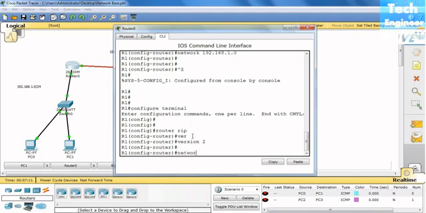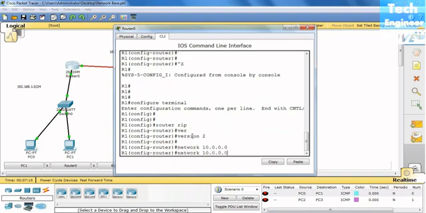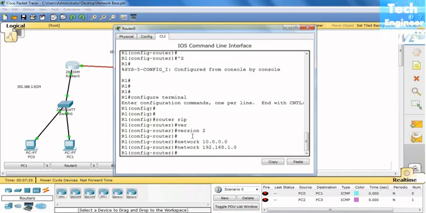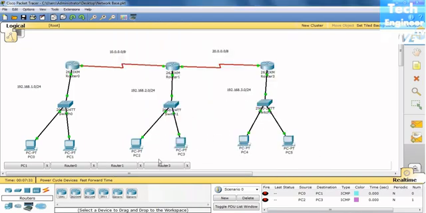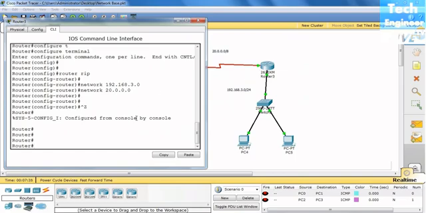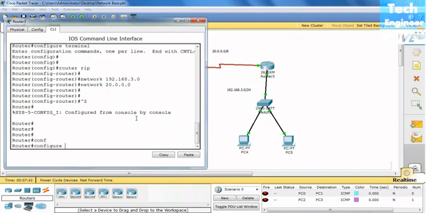Same with the next router: router space rip, version 2, network 10.0, 192.168.1.0. Configure terminal.